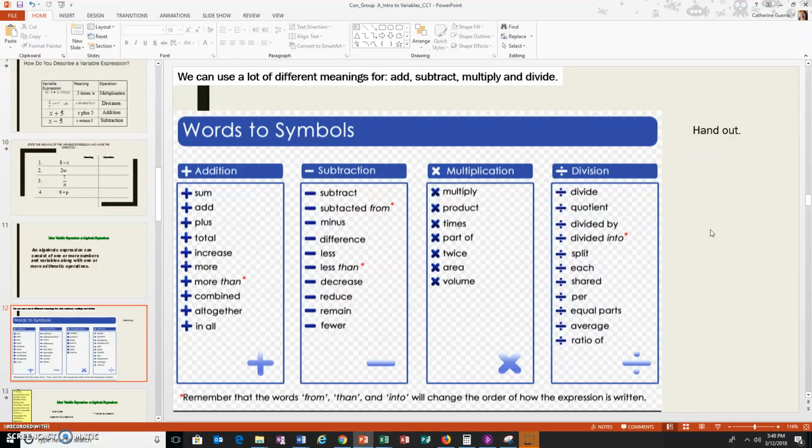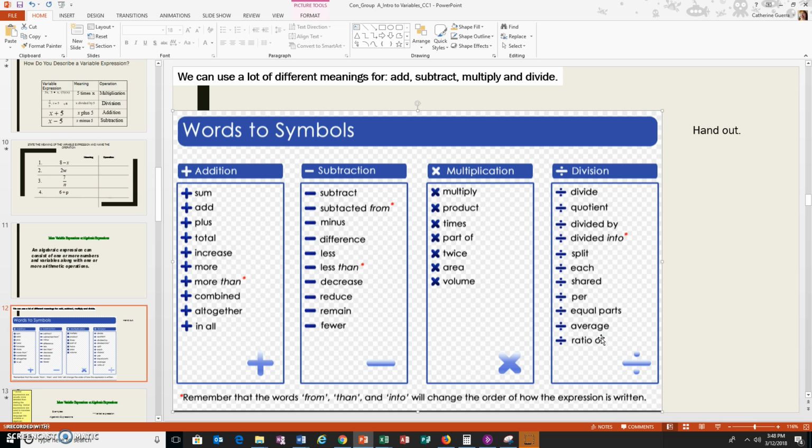You can see we have sum, add, plus, total, increase, more, that all mean addition, and there's more also. For subtraction, we use difference a lot, but we use all of these every now and then. Same thing for multiplication and division.